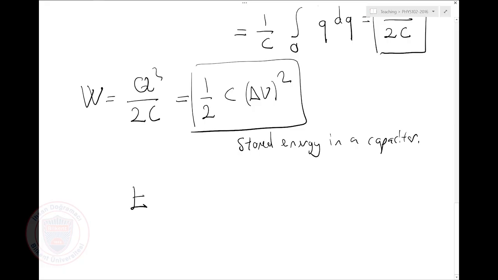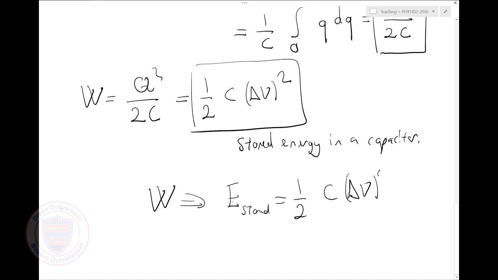It's getting even more useful. Look at this formula. We've already found it: the work, which means the energy stored, is 1/2 C delta V squared.